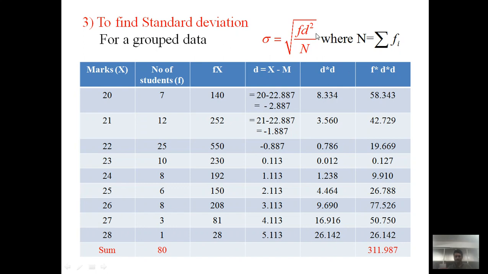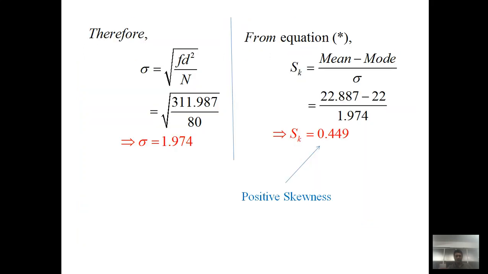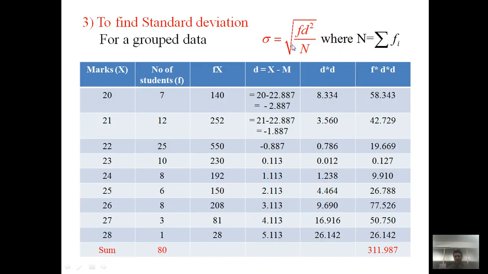And we are interested in finding the sum of f d square, so the numerator is not only f d square but the sum of f d square, that is the sum of the last column. So 58.343 plus 42.729 and so on, plus 26.142.